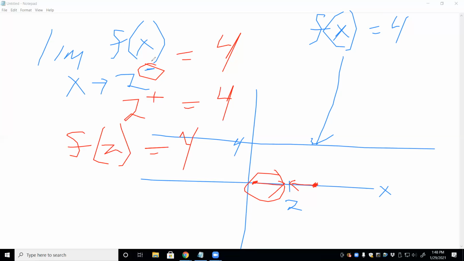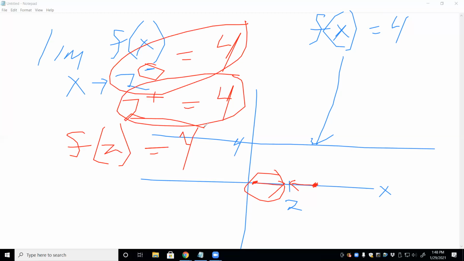In other words, the limit from the left has to be the same as the limit from the right, which has to be the same as the evaluation of the function at that point. And this limit definitely exists because it's the same from the left as it is from the right. Okay, that makes sense.